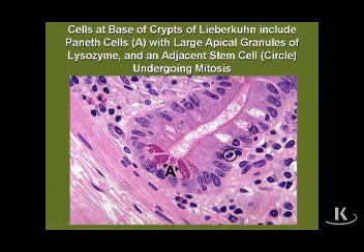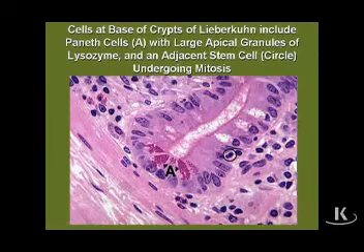Now, a higher magnification view is shown on the next picture. It's an H&E stained section of a crypt of Lieberkühn. And what you can see is much of the lining epithelium is formed by the somewhat eosinophilic staining enterocytes and the highly vacuolated goblet cells, because the mucus secretions are washed out during typical histologic processing.